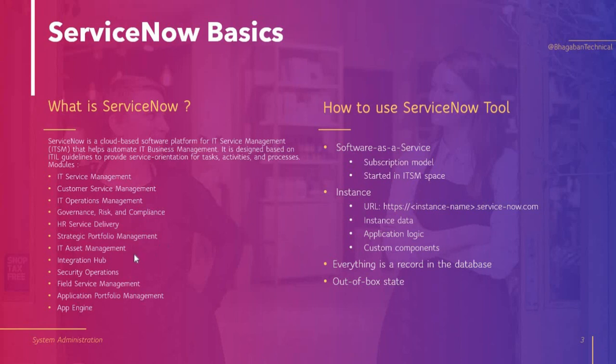Then IT asset management, where you can manage the end-to-end asset lifecycle. And they have introduced Integration Hub, where you can integrate different third-party tools. You can do SolarWinds, other monitoring tools, then cloud, then different other APIs.